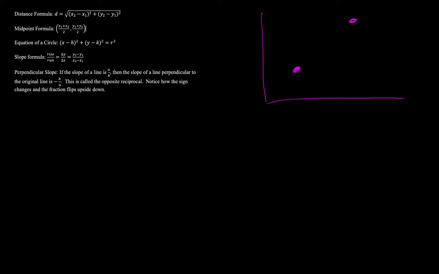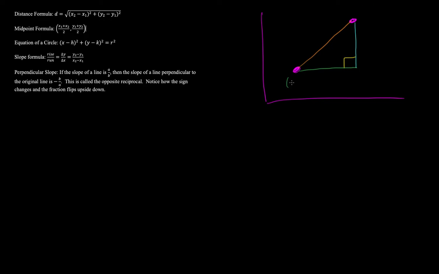So what we use the formula for is if we're given 2 points and we know their coordinates, then we find the distance between those 2 points, or the length of a line segment that connects those 2 points. And the way that the formula is derived is actually we draw a right triangle.